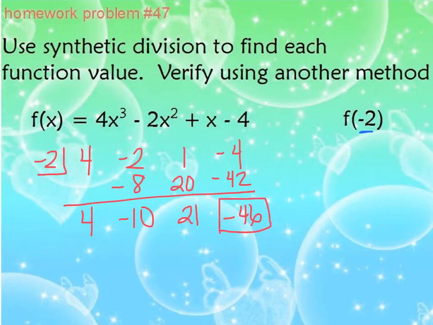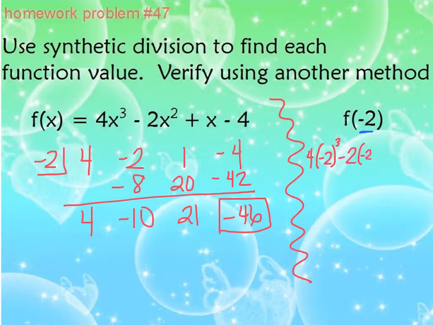And what we're doing is verifying it using another method. So I'm going to come over here and do f of negative 2. That means plug negative 2 in for x. So 4 times negative 2 cubed minus 2 times negative 2 squared plus negative 2 minus 4.